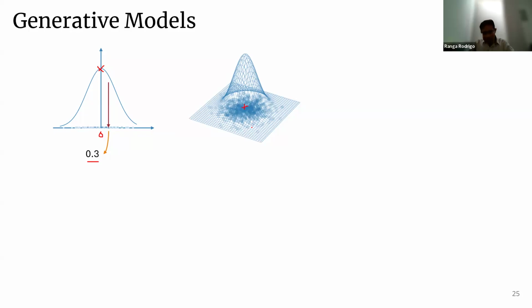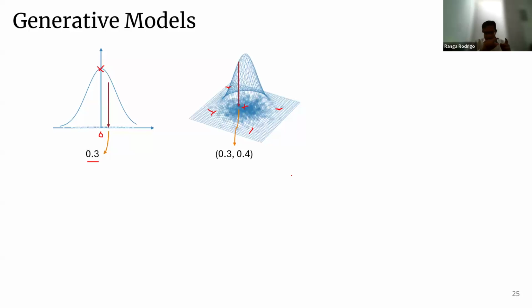When you go to the edges, the density is very low. So if you sample something, it is highly probable I get a highly probable number, maybe 0.3 and 0.4. I hope you understand what a probability density function is, and you can sample from that. So highly probable samples will come out.